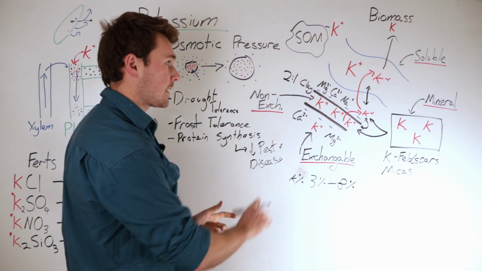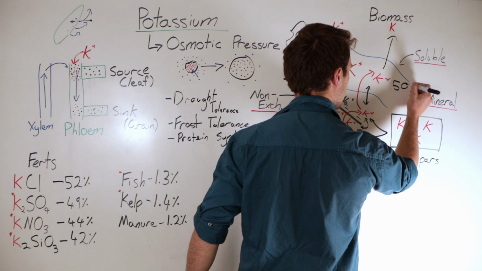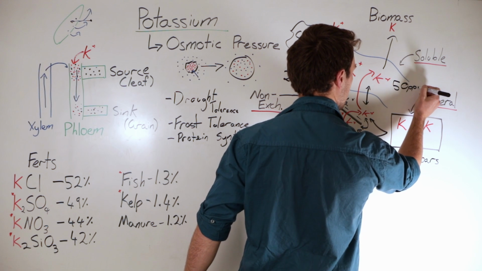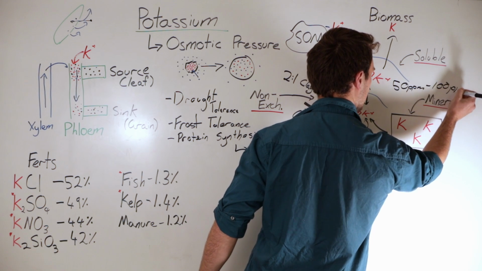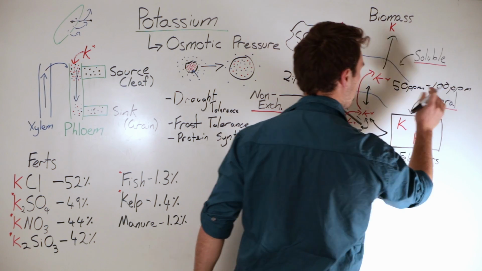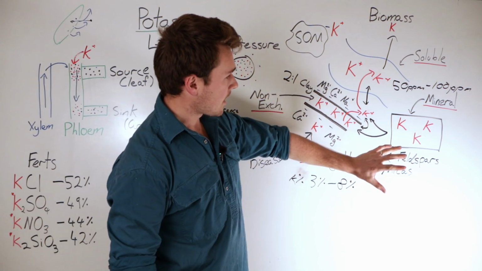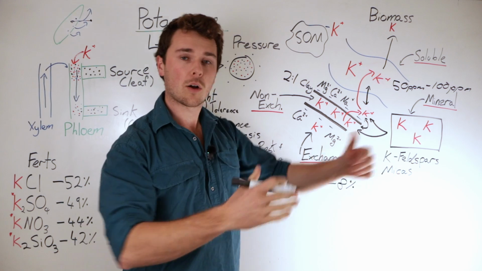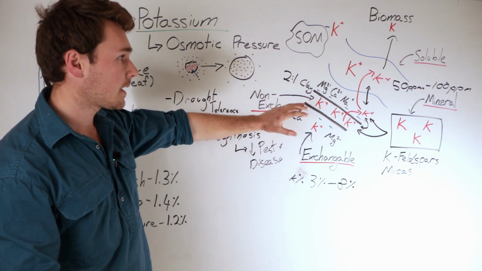The ideal level for this is anywhere between 50 parts per million for a sandy soil, all the way up to just over 100 parts per million on a heavy clay. Of course, the heavy clays are going to have more potassium because our clays come from the mineral component. So the higher the clay content, the higher the potassium we're going to get.